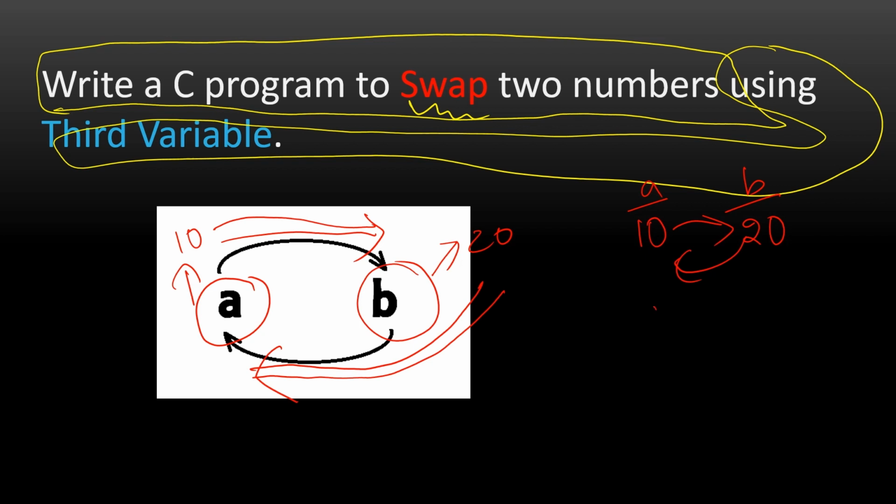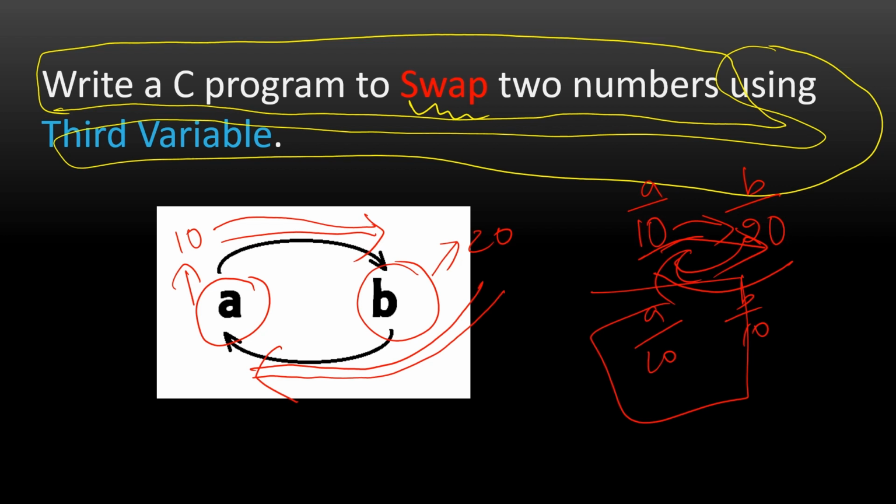What will you do for A 20, B 10? You will do this thing, right? But in a computer, it is not possible. What you are doing at a time is two operations: A value getting here, B value getting here. A computer cannot do many things at a time. It will do one thing at a time. Okay.